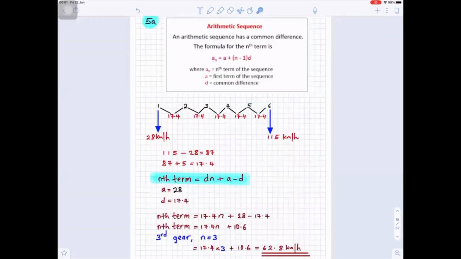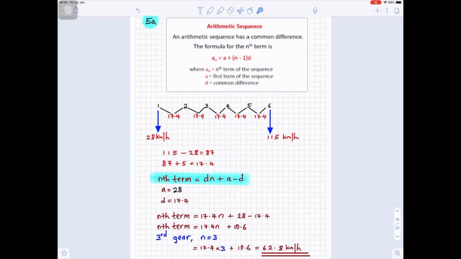So what we do is we want to use an arithmetic sequence. And I've got at the top there the formula for the arithmetic sequence. A is the first term and D is the difference. So we've got the first, second, third, fourth, fifth, and sixth gear. First is 28 and the sixth is 115.